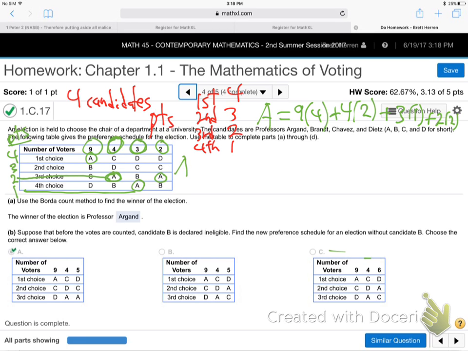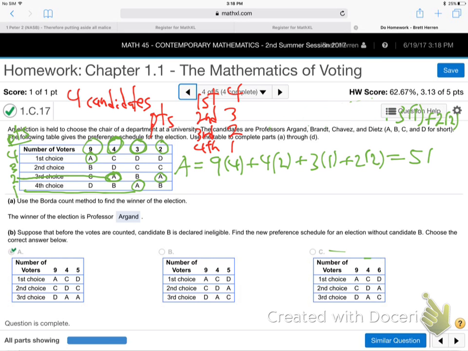Kind of running out of room, let me do A over here. 9 times 4, 4 times 2, 3 times 1, 2 times 2: 36, 40, 8, 51? Did I do that right? Is it 51? I think so. Everybody see how I'm doing that?